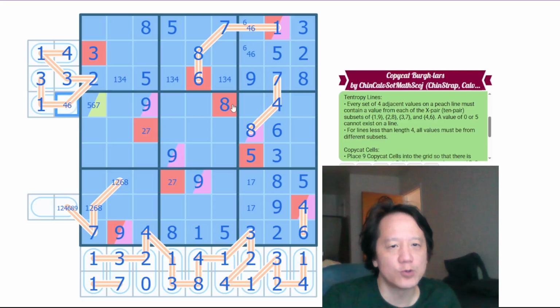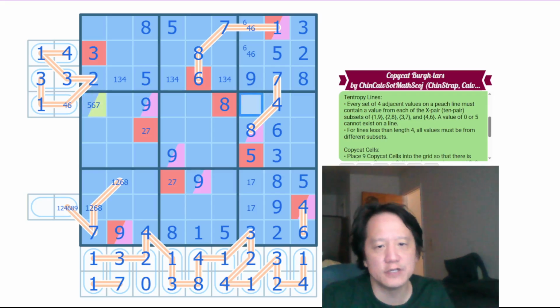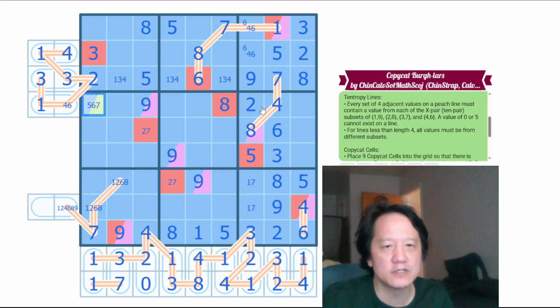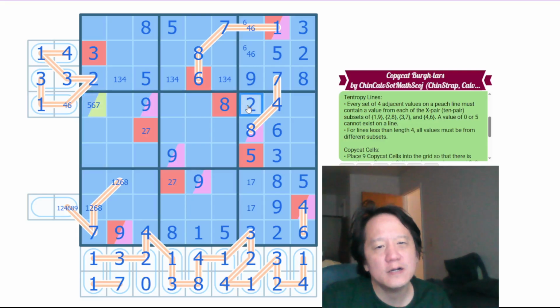That would add up to 14. 6. Remaining digit here is a 2. 6 doesn't work. 6 and 2 add up to 8, and 7 and 4 add up to 11. So this has to be 5 here, and this is 14.